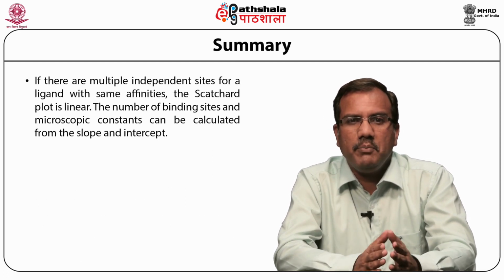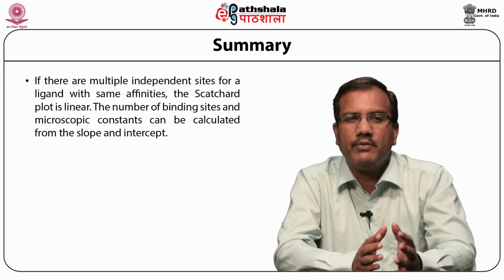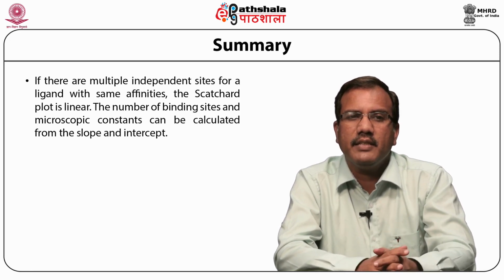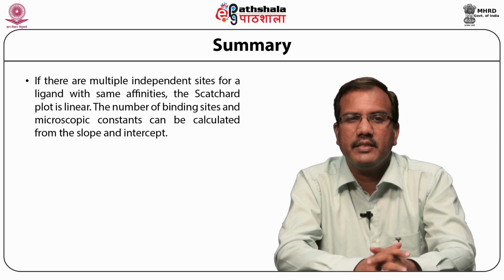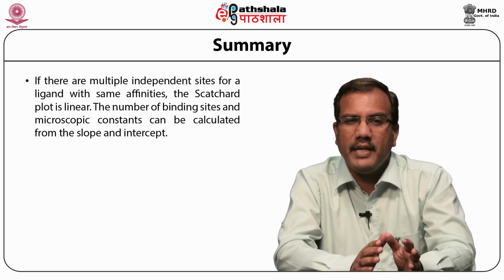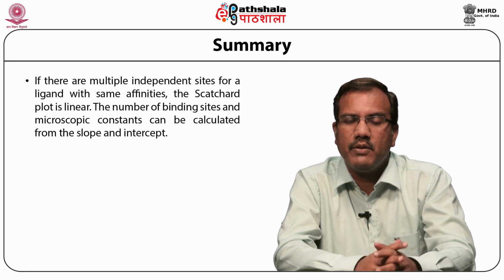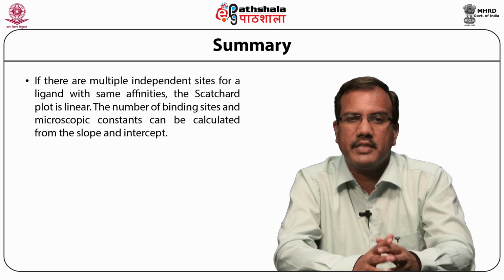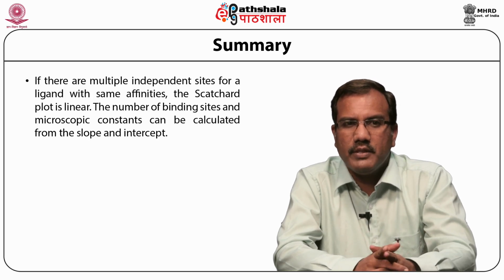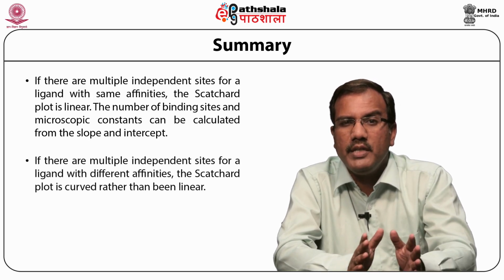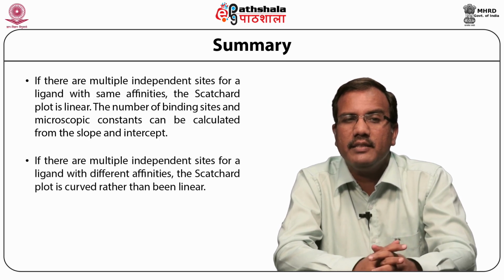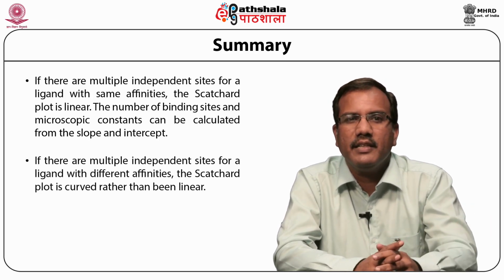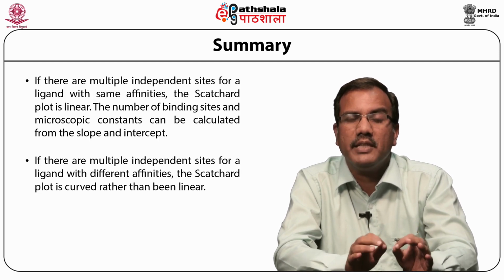If there are multiple independent sites for a ligand with the same affinity, the Scatchard plot is linear, and we can calculate the number of binding sites and the microscopic constant if we know the slope and intercept of the Scatchard plot. However, if there are multiple independent sites for a ligand with different affinities, then the Scatchard plot is going to be curved rather than linear.